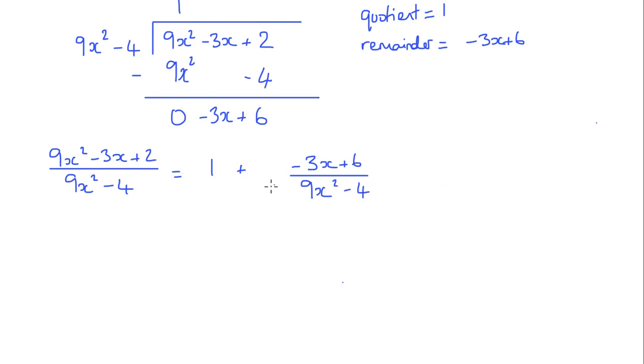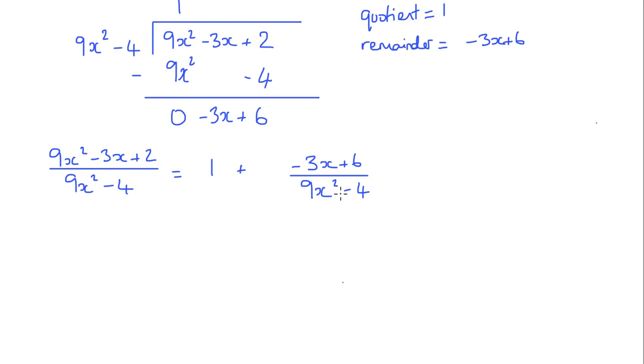So they're equivalent. What that means now is that this is starting to be ready to be integrated. Notice we can integrate the 1, and what we now have here is a power of lower order than this one. This is still not ready to be integrated because we can't integrate this.